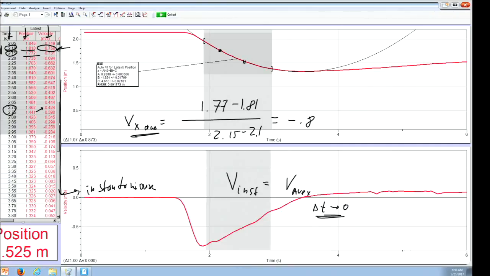Well, and again, this number, negative velocity, means exactly what we said. The cart was initially traveling opposite to the positive x direction. The velocity was directed to the left. Eventually it stops.